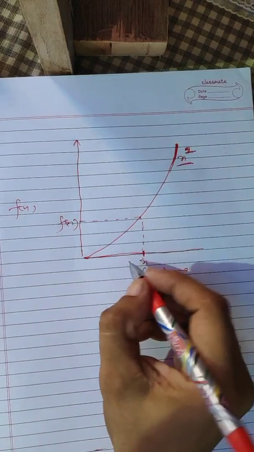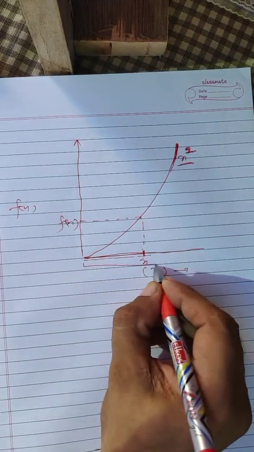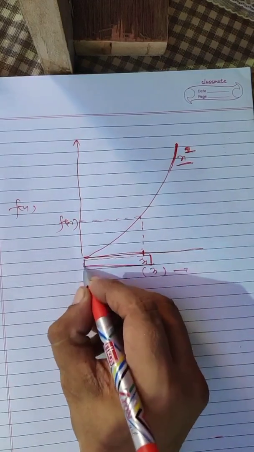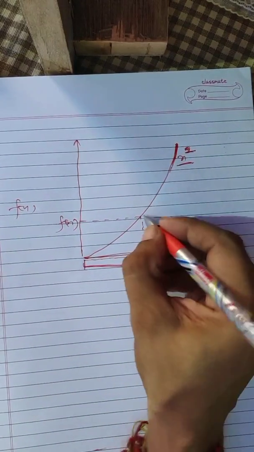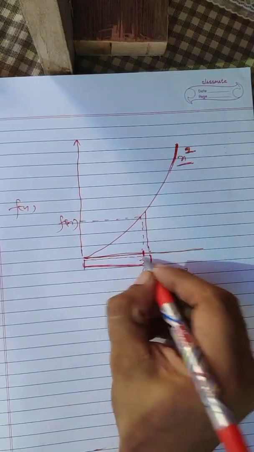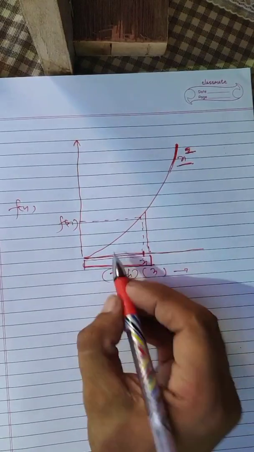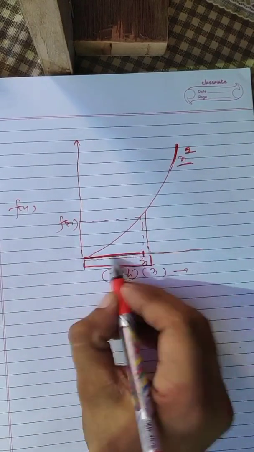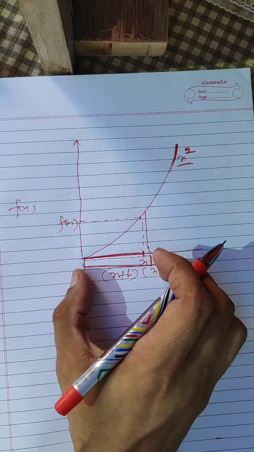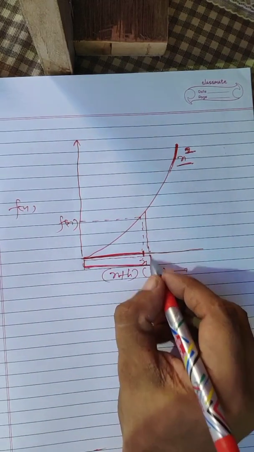And further, if we make an increment in our x, this increment is h. So this part becomes x plus h. Earlier we had x, and now we are increasing it by h to get x plus h.